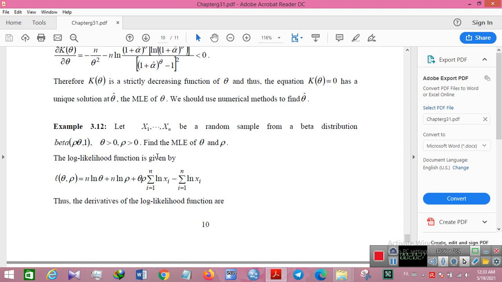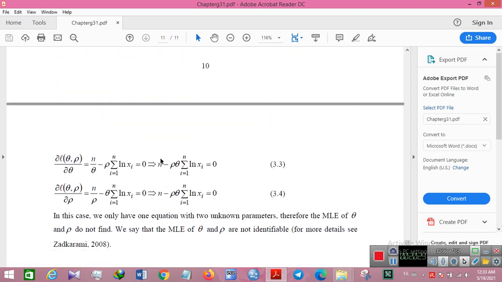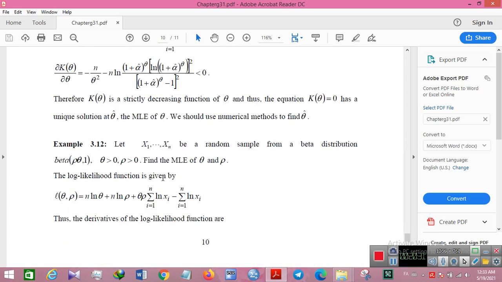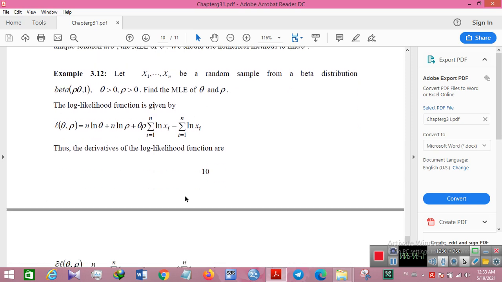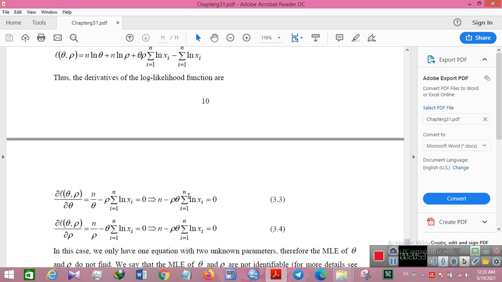Example 3.12 is another problem with the MLE methods. Let x1 to xn be a random sample from a beta distribution, with parameters theta and 1. We want to look for the MLE of theta and rho as well. The log likelihood is that one, and the derivative of the log likelihood is given by these equations.